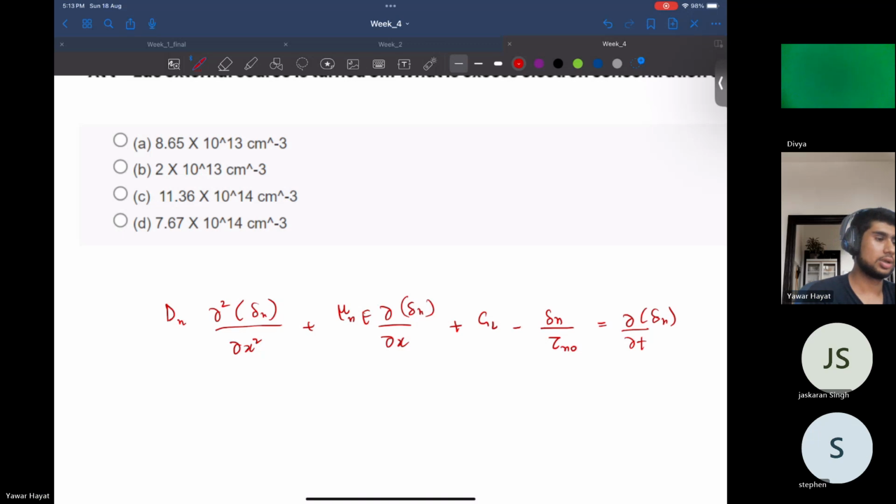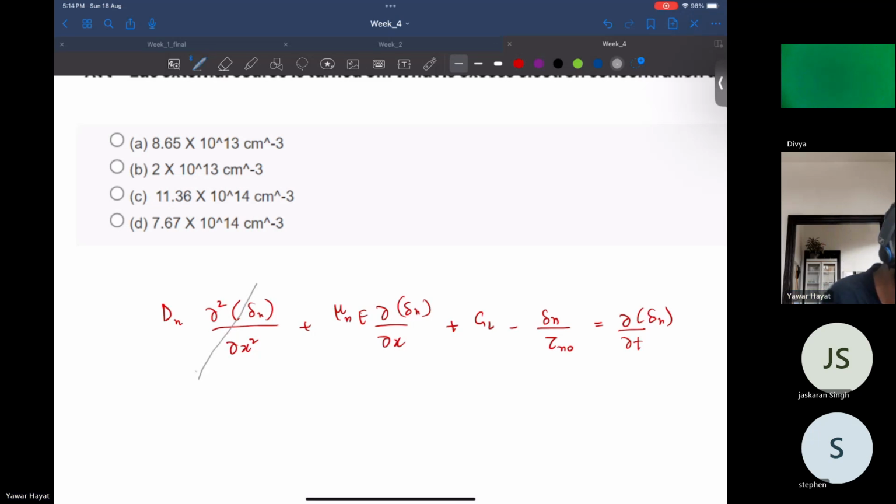Now, we can actually simplify this continuity equation. Why? We can simplify it because it's a uniform generation, right? Since it's a uniform generation, everywhere an equal number of carriers will be generated. Since that is the case, this term would go to 0. I'll write that this is uniform generation.